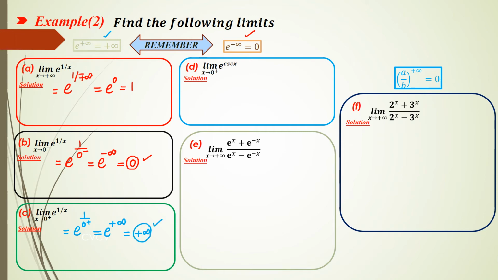In part D, pay attention that we have the exponent cosecant x. And as you know, cosecant x equals cosine x divided by sine x.